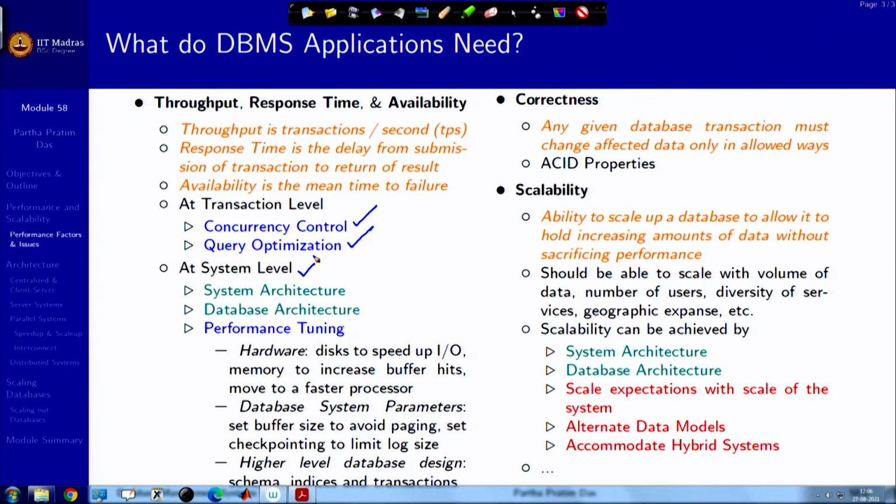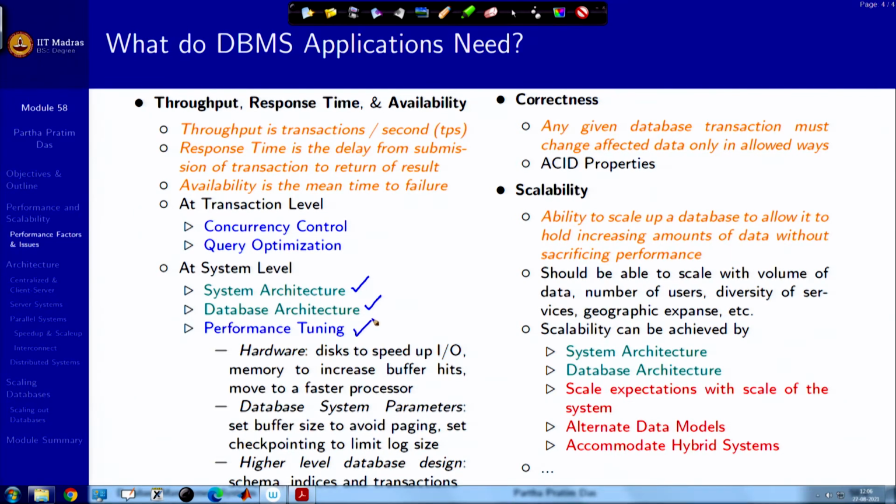At a system level, that is, if I do not look at specific transactions or groups of transactions, but want to look at the entire database system as a whole, then these are primarily guided by the system architecture and the database architecture. System architecture talks about the machines, the memory, the disk, the connectivity and so on, and database architecture primarily talks about how you run different database processes over this system architecture.